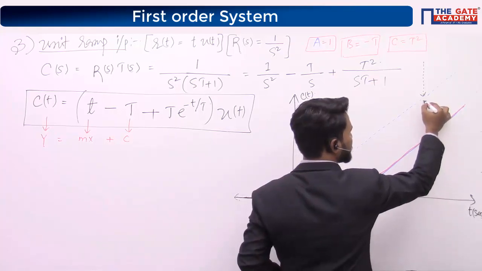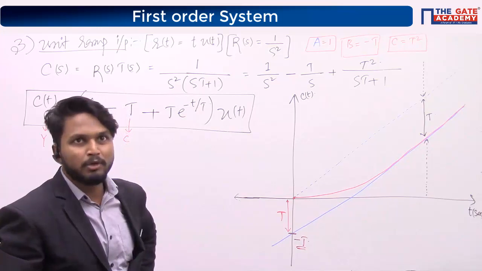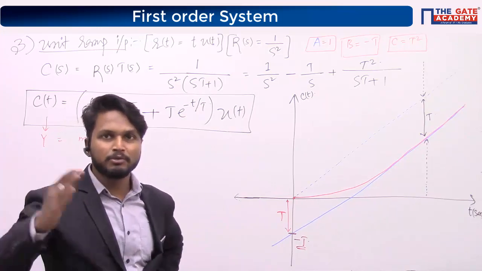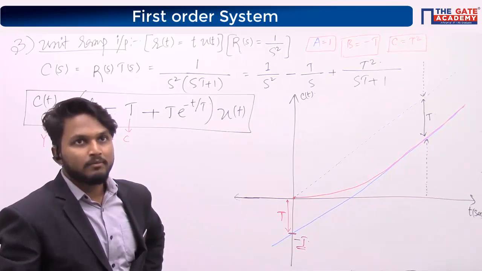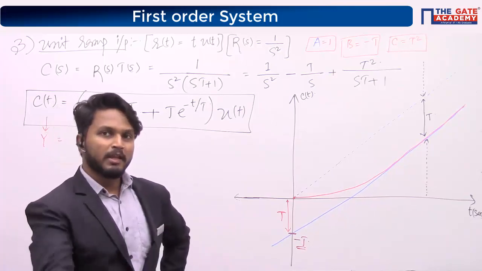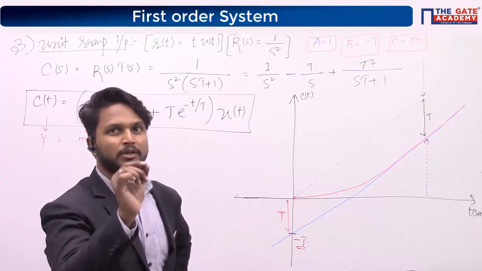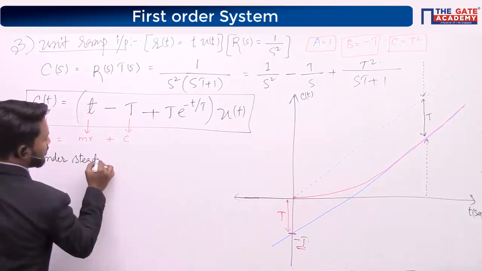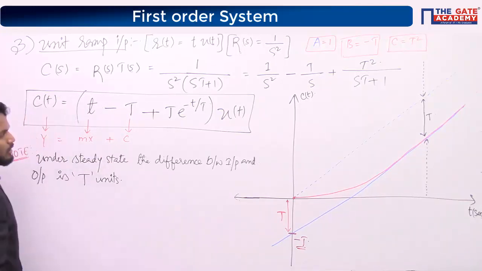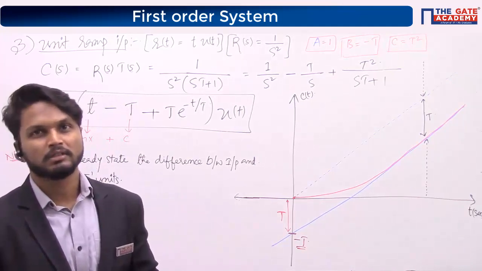The distance between the input and output line, as time approaches a large value, is how much? Capital T, right? Yes or no? Therefore, I can say under steady state conditions, the difference between input and output is how much? T. So take down a note. Under steady state, the difference between input and output is T units.